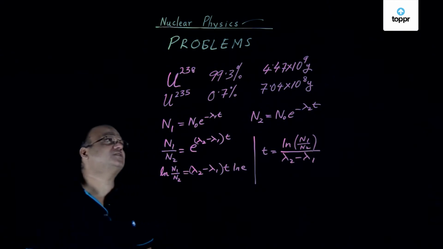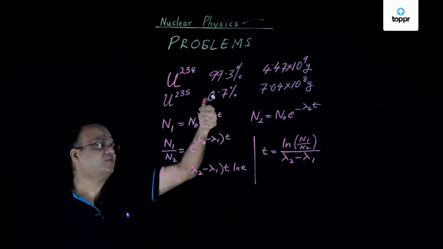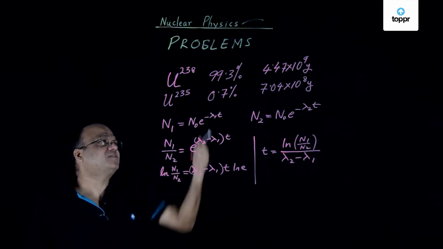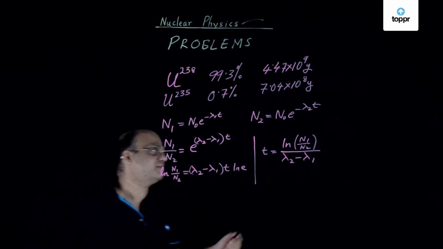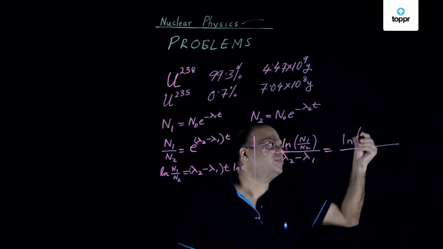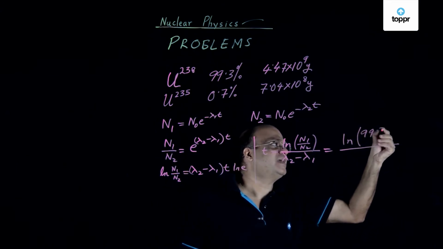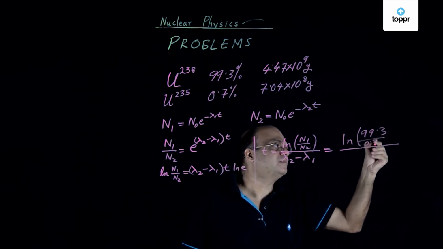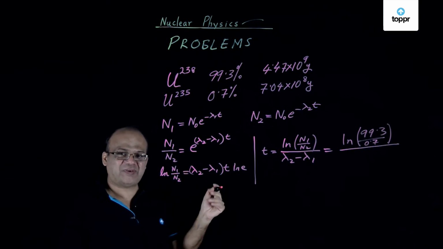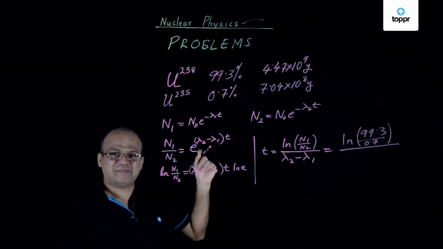n1 is how much? n1 by n2. The numbers at the current time will be in this ratio. So 99.3 by 0.7. So ln of 99.3 by 0.7. And what is lambda? T half is 0.693 by lambda.